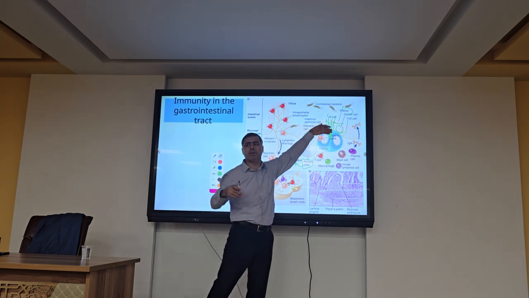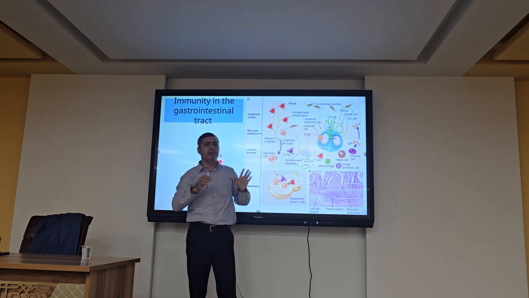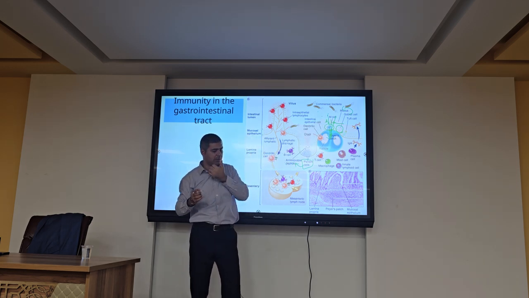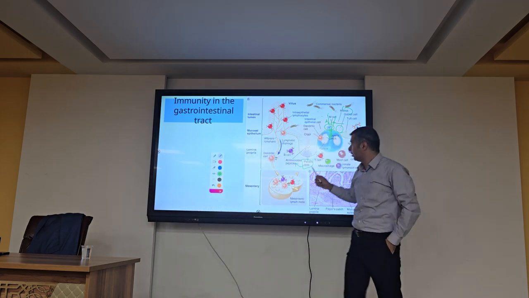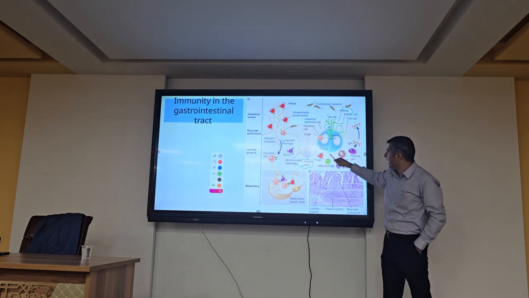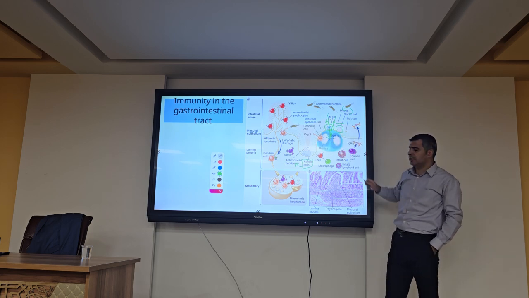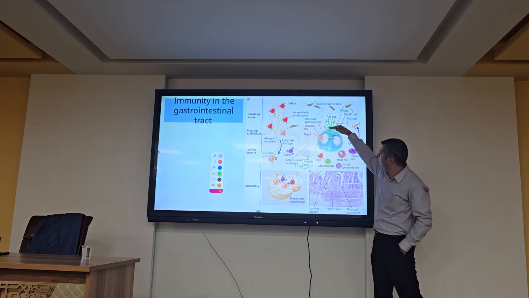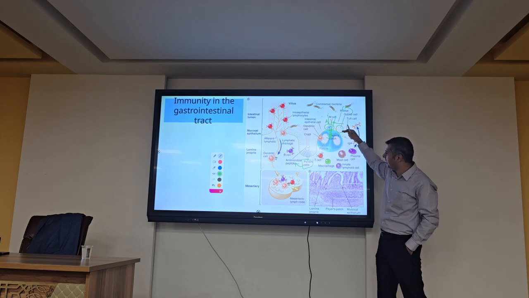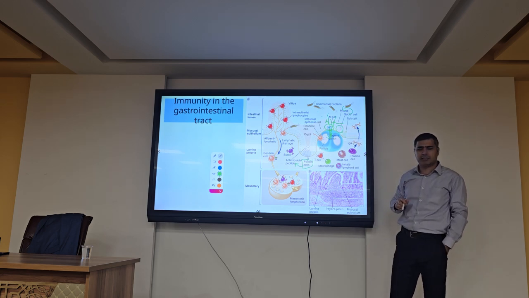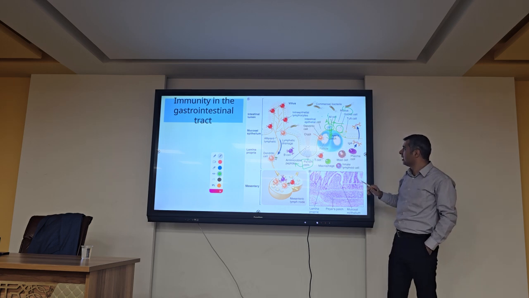But if there is no pathogenic microorganism, we won't have any inflammatory response. So we have Peyer's patch as a lymphoid tissue beneath the epithelial cells, and we have M cells above the Peyer's patch that transfer the antigen inside the Peyer's patch and follicles.